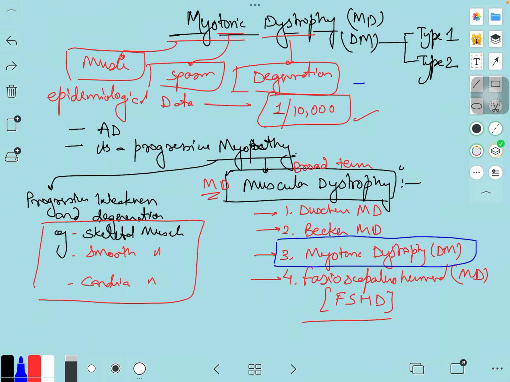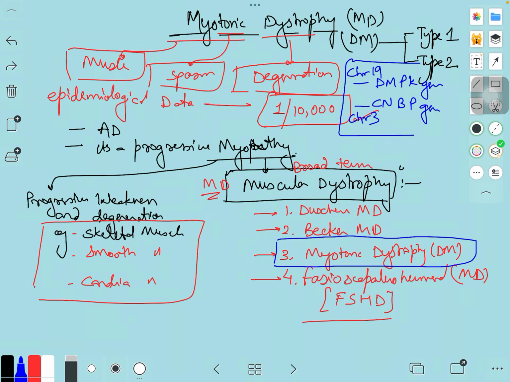So again, let's write it over here somewhere. The DMPK gene is found on CHR19, and type 2 was CHR3, and the gene which codes for it is the CNBP gene.